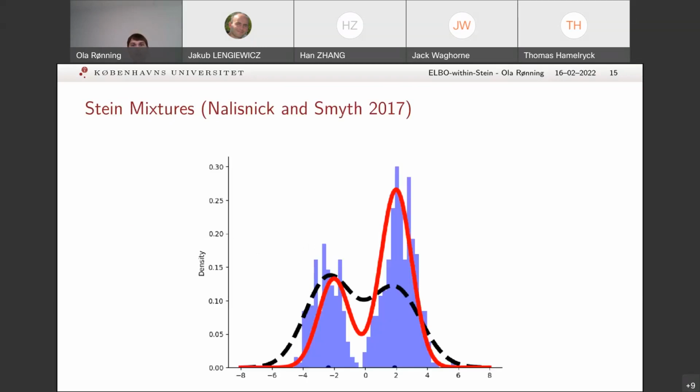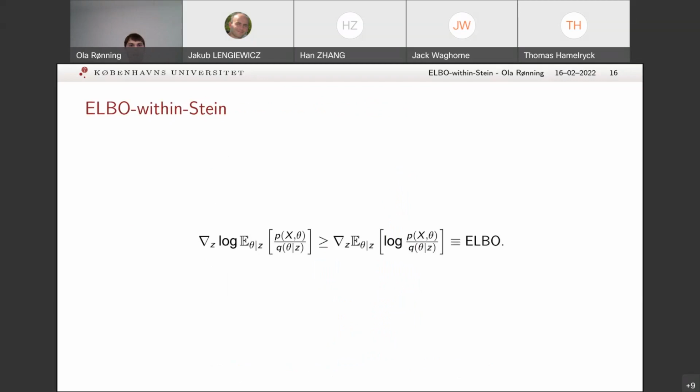Instead of doing this approximation, which I'm not going to go into more detail about, you can use Jensen's inequality on the variational likelihood to recover the evidence lower bound, which is also what you were seeing from variational inference in the beginning. And so ELBO-within-Stein is taking this score function that we were using for Stein Variational Gradient Descent and replacing it with an ELBO.